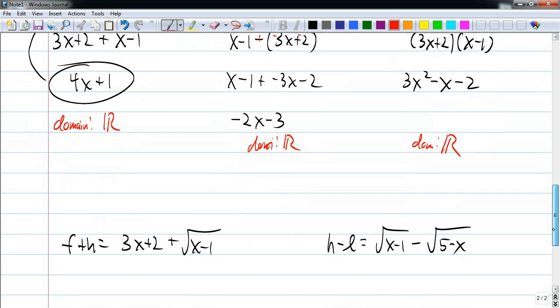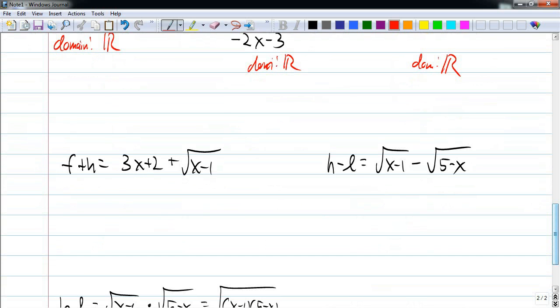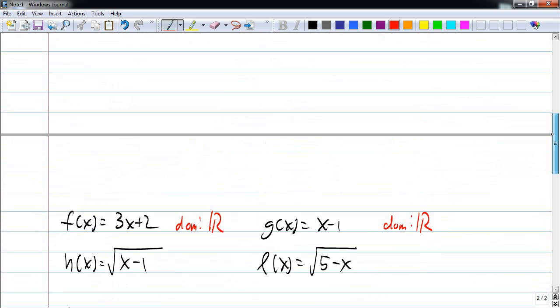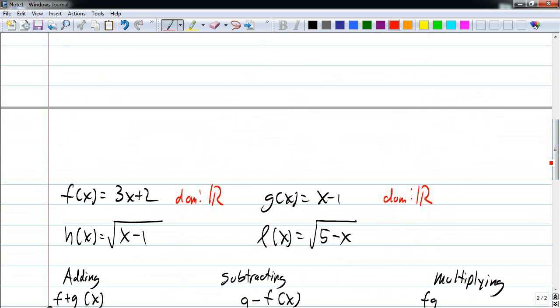It gets a little hairier when we look at f plus h, because while f has a domain of all reals, h is a square root.